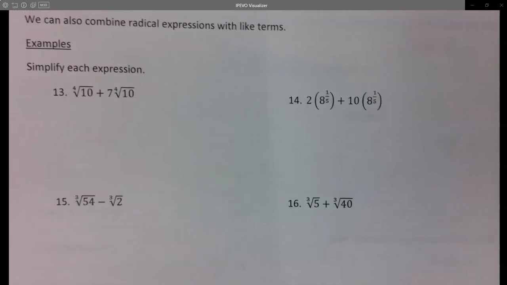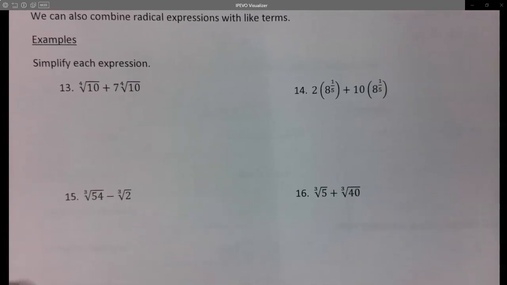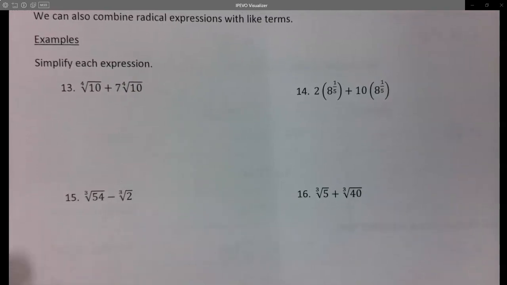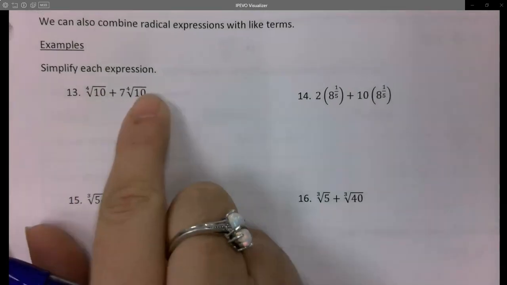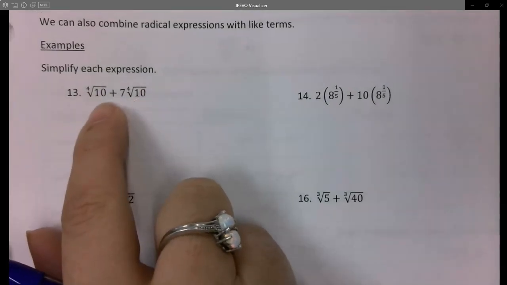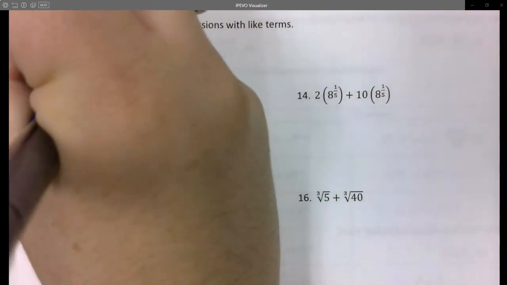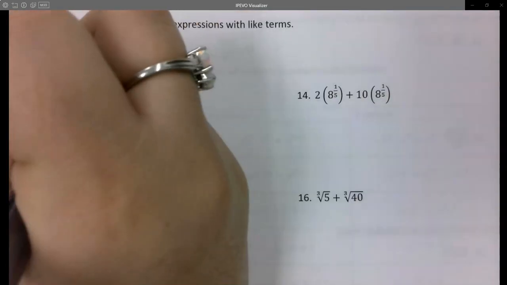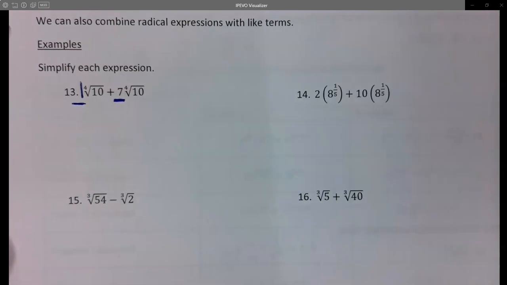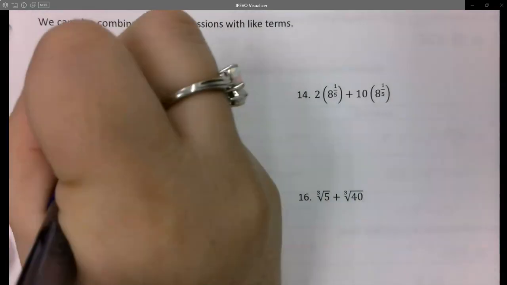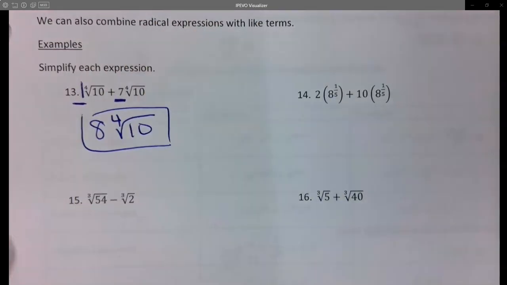Okay. The last few want me to simplify each expression, so I'm just combining like terms. Notice both of these have 4th root of 10s, so this one has a secret 1 out front, and all I'm doing is adding that 1 to the 7. So that gives me 8, and then the number inside the radical stays the same.